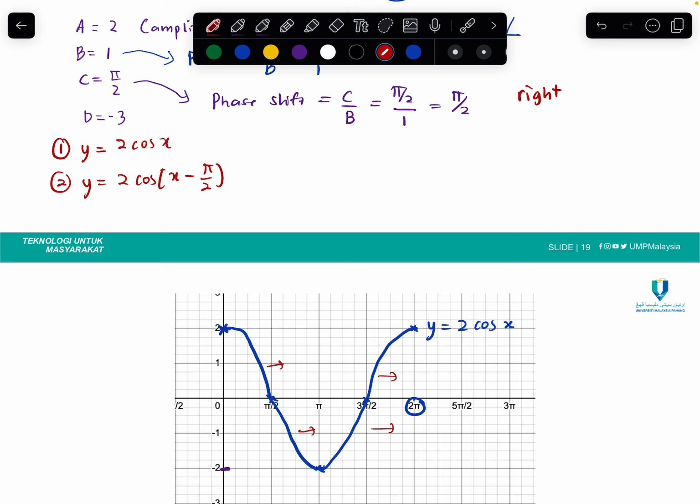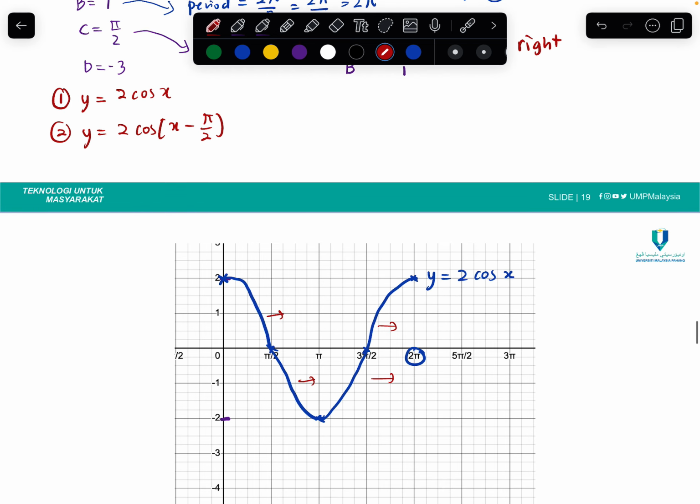So now what happens here is the graph will start, okay, the starting point is 0, but if you shift pi over 2 units, it becomes like this, a new position, right? Okay, what I draw here is the position of this. It goes to pi over 2 unit. And this point moves pi over 2 unit, you will get this point.